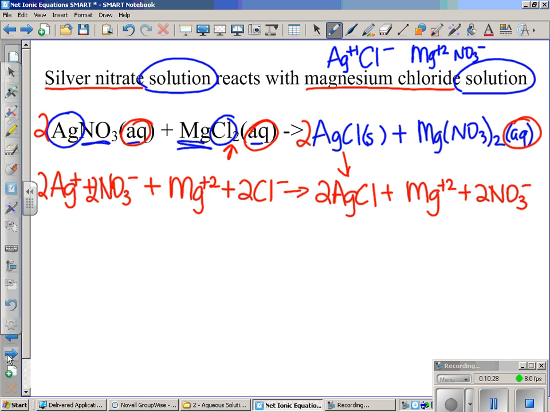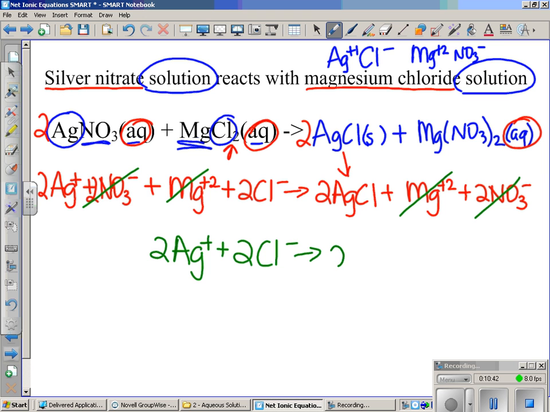Now we need to cancel things out that can cancel out. So it looks like our Mg2+ are on both sides, the exact same. And our 2 nitrates are on both sides, the exact same. So that leaves us with 2Ag+ plus 2Cl- yields 2AgCl. These coefficients can be reduced, and you always want to reduce coefficients if you can.